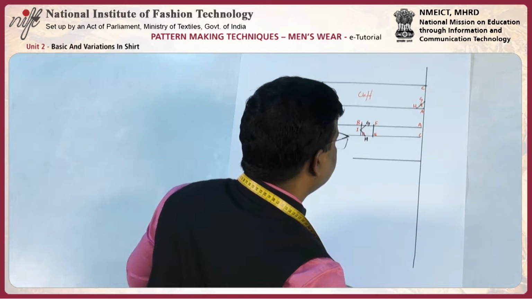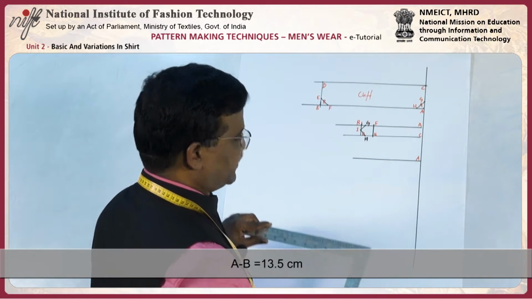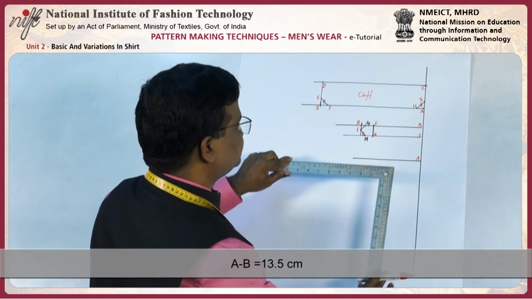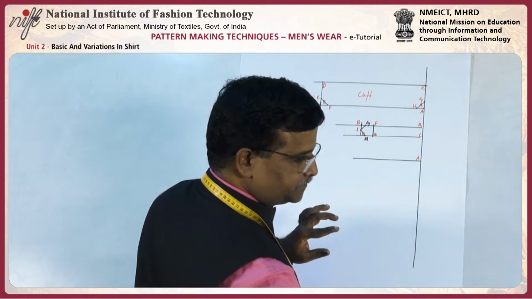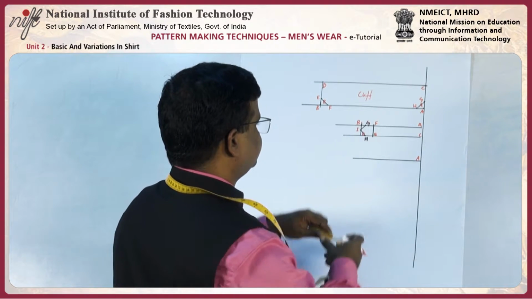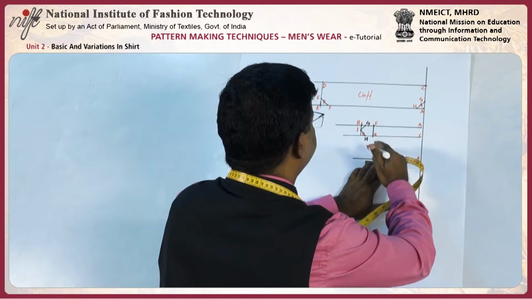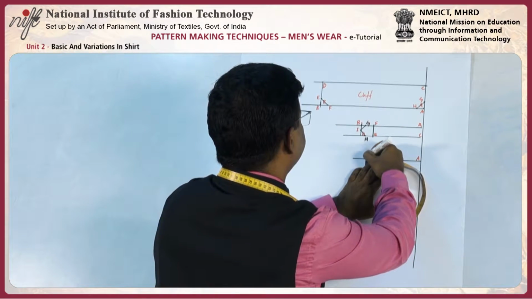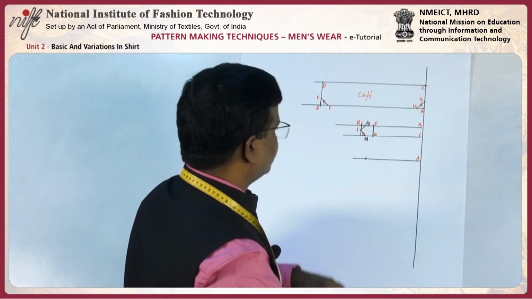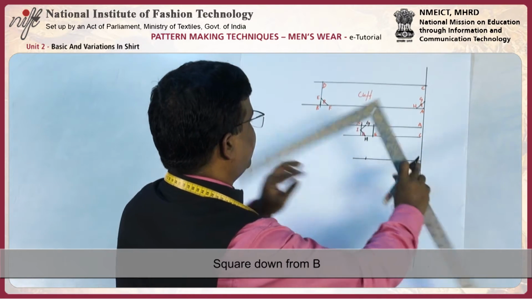Label A to B 13.5 centimeter. From B, square off.